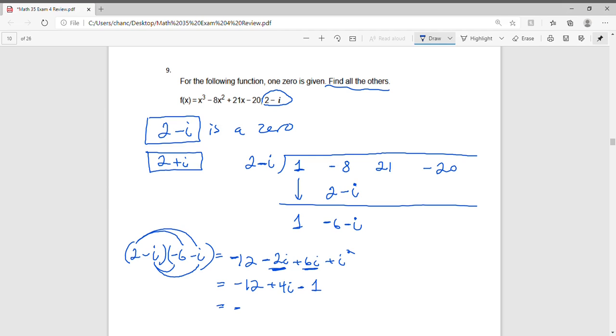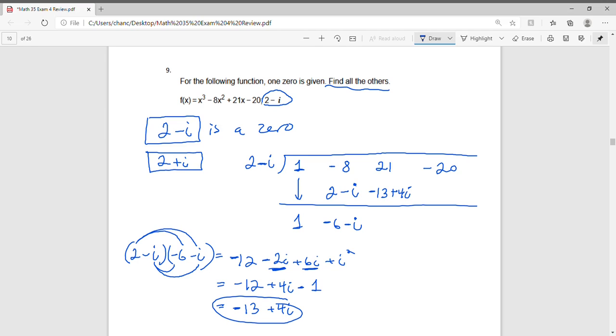This simplifies to negative 13 plus 4i. This now can be inserted into our synthetic division process. That's negative 13 plus 4i. Then we'll add 21 plus negative 13 plus 4i.